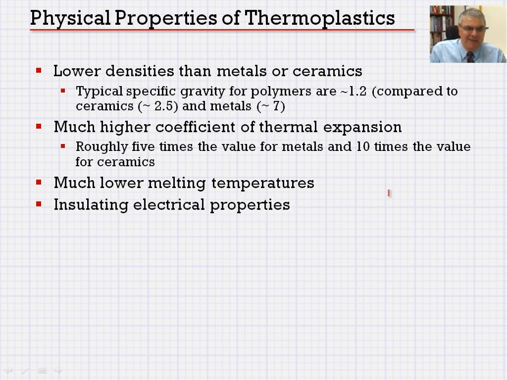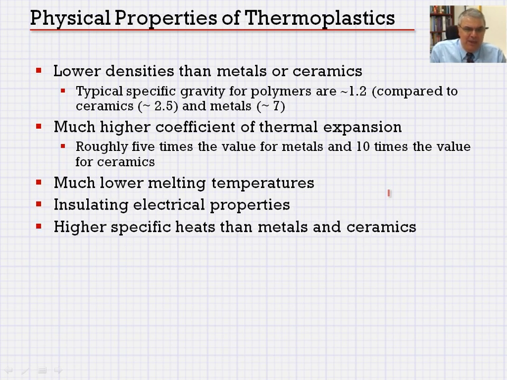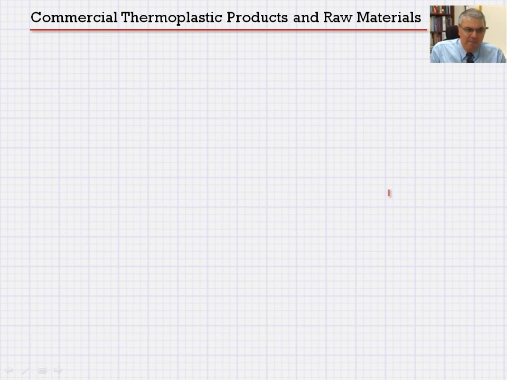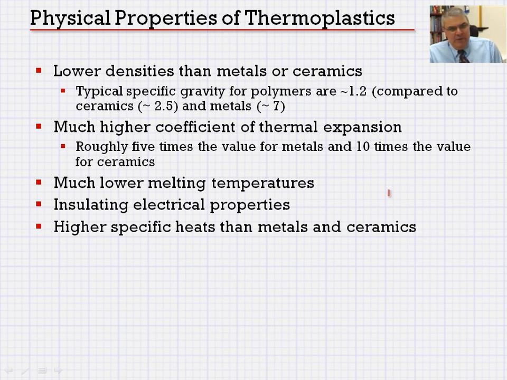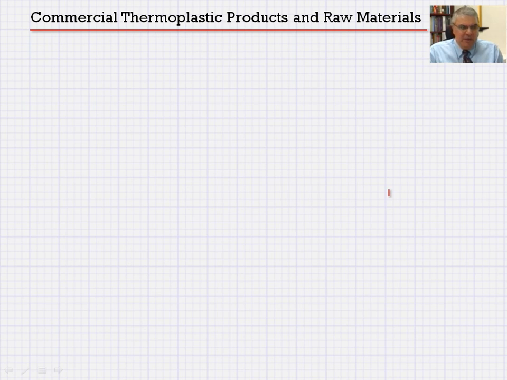Much lower melting temperatures, the insulating properties, both thermal and electrical, and a much higher specific heat than metals and ceramics. Those make these materials very attractive for many different applications where all these properties are needed.